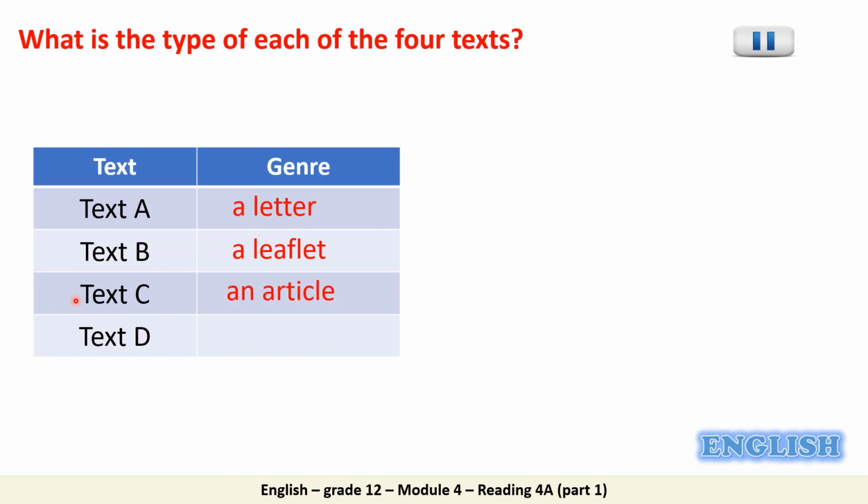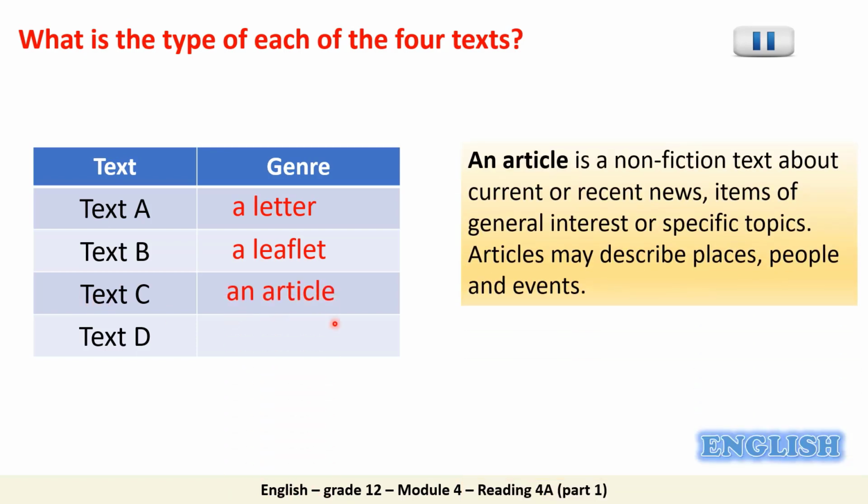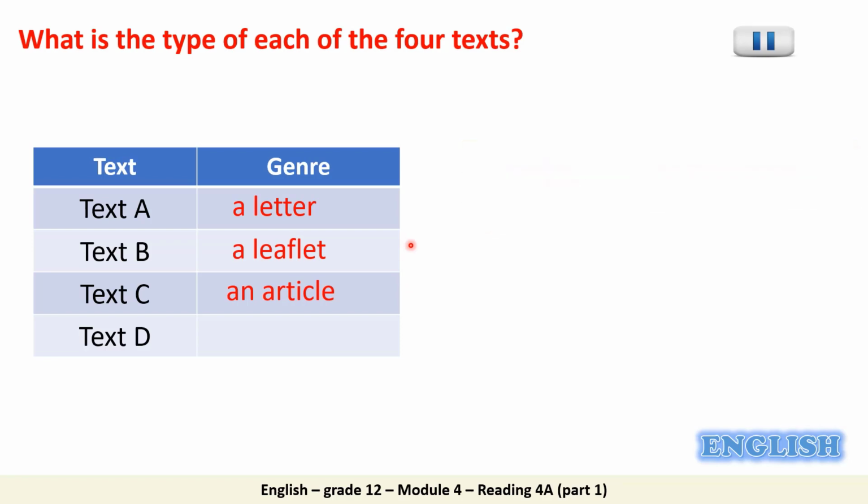Super. It is an article, and an article is a non-fiction piece of writing. So it has to do with real topics like the news, or they may be written to describe places, people, or events. And finally, what type of text is text D? Excellent. Text D is an email.